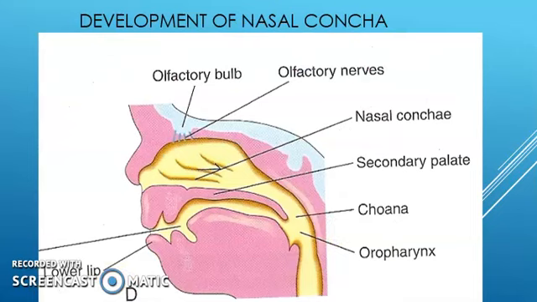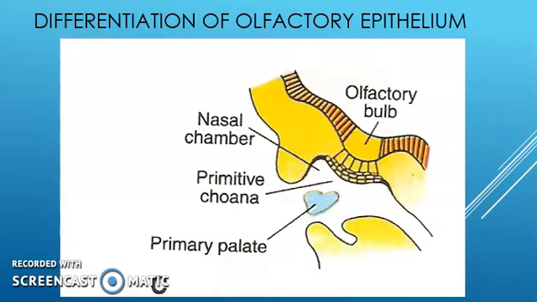As all this is happening, there are some elevations on the lateral wall of the nose called nasal conchae, and there is thickening of the epithelium that is called olfactory epithelium.